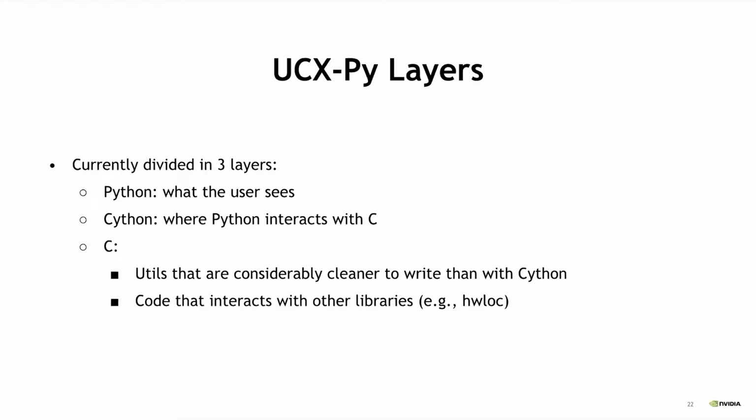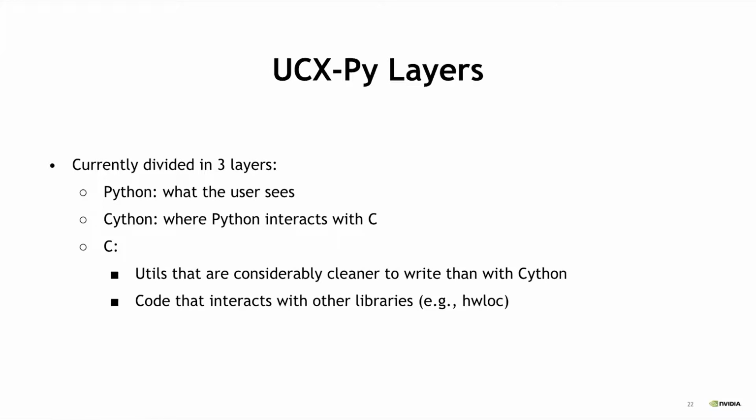So to put it in a more concrete example, this is where we have UCP tag send and receive and so on. And we have also a C layer, which is a very minimal layer, which is just comprised of some parts of the code that are cleaner to write in C than Cython, although we could still move that to Cython.